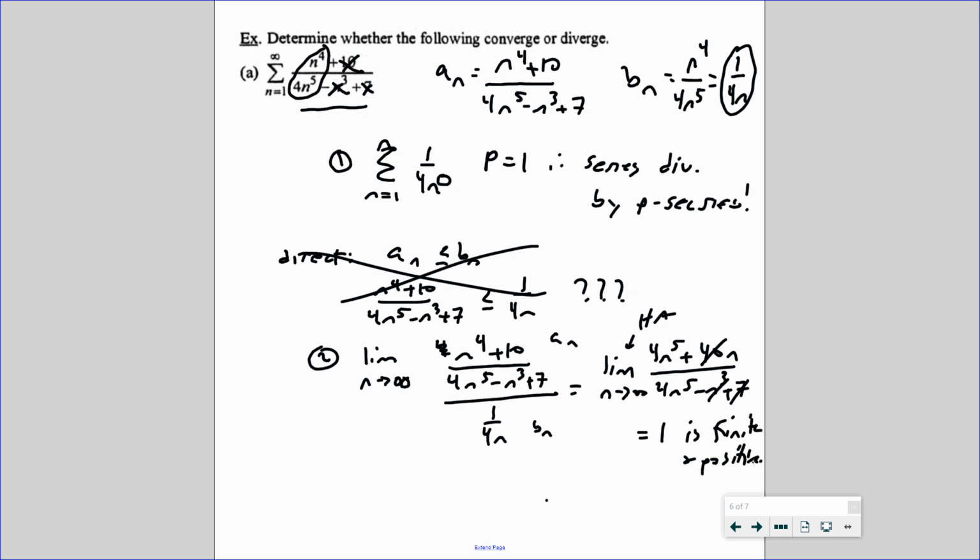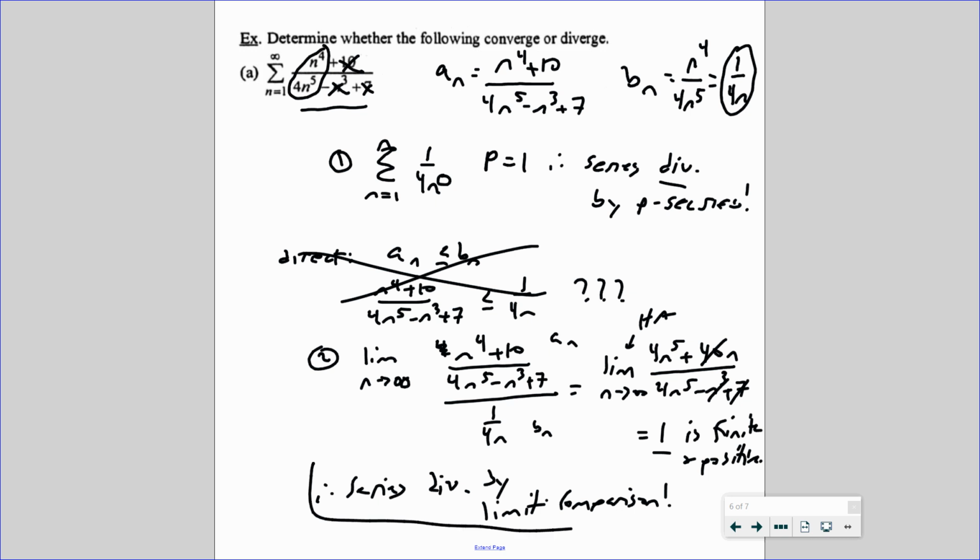And my rule says if I get a number that's finite and positive, we can say that the series now diverges, because my comparison diverges, by limit comparison. And there's our answer right here.